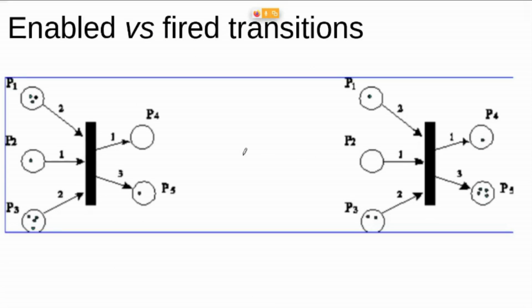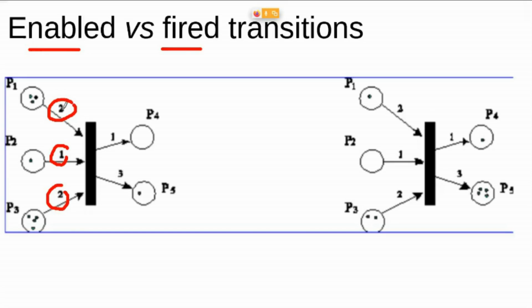Well, let's reinforce the concept about enabled and fired transition. As you can see here, this transition is enabled because I have enough tokens in here, enough tokens in here, and enough tokens in here. Once this transition is fired, 1 token will appear in P4 and 3 tokens will appear in P5.